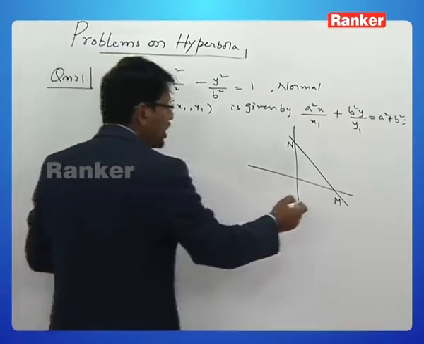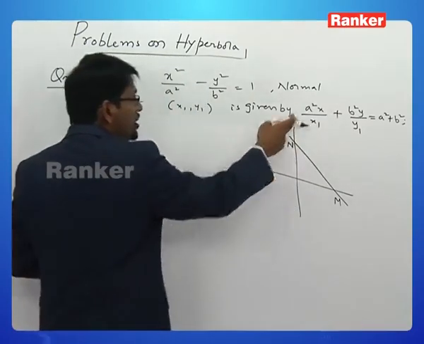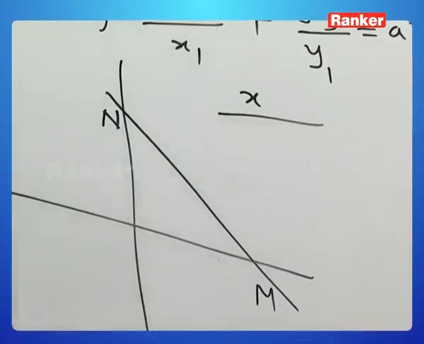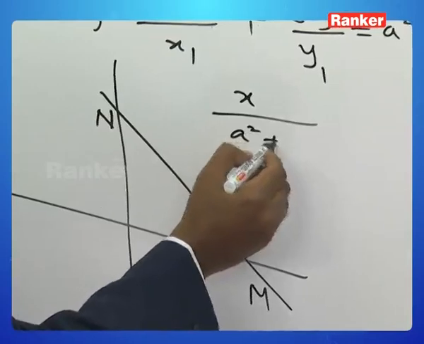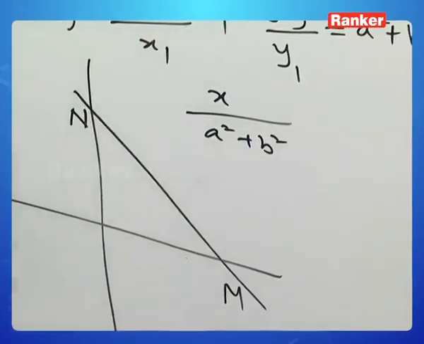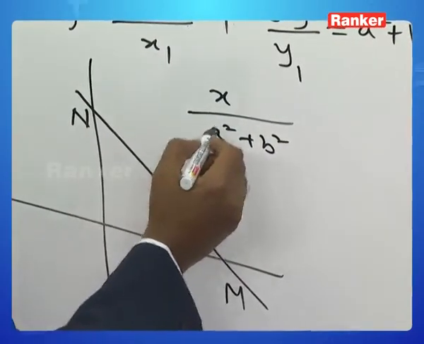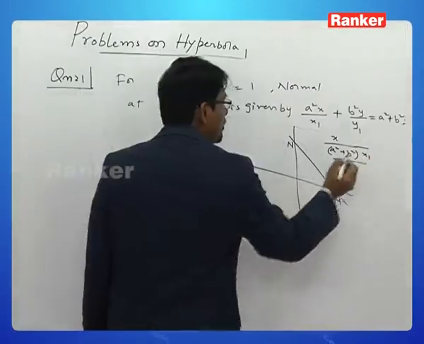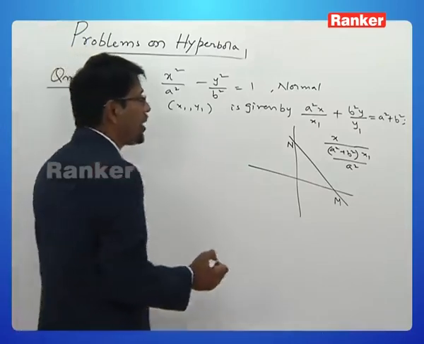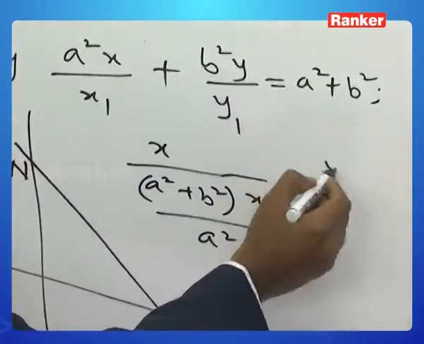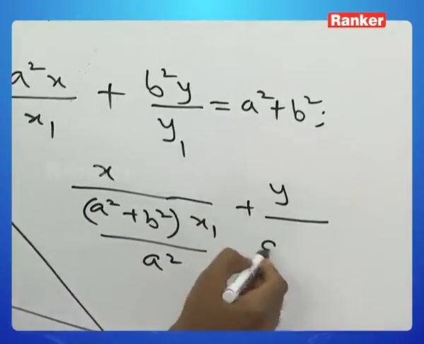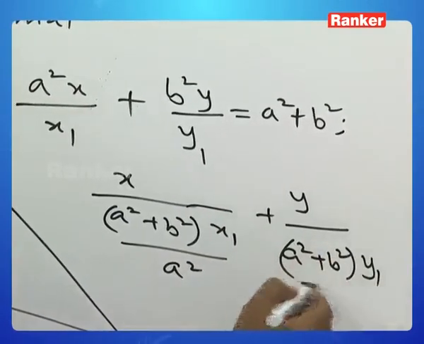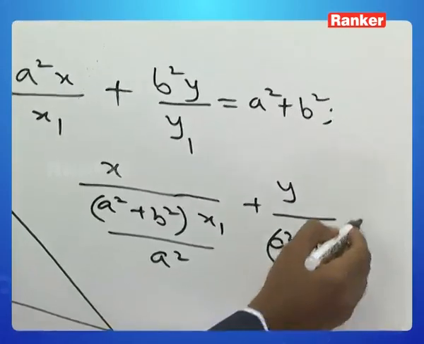So how do I get the coordinates of M and N? I'll make this into the intercept form. What is that? X by a square plus b square into x1 by a square, and we can write this in the form of y by a square plus b square into y1 by b square equal to 1.